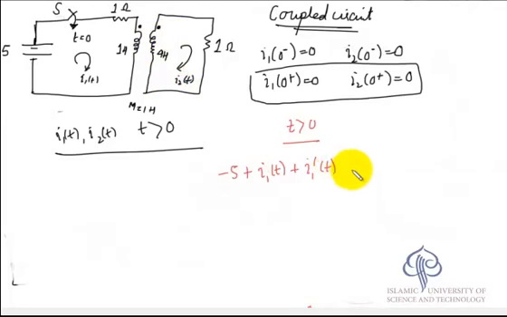So as you know, the sign convention says that this means that the mutual inductance is going to be negative, because one is flowing into the dot, the other is flowing outside the dot.